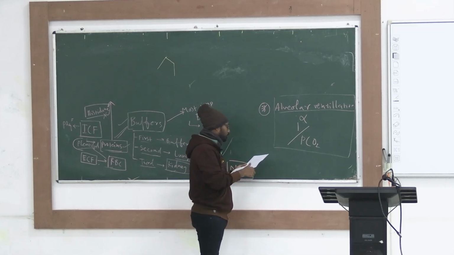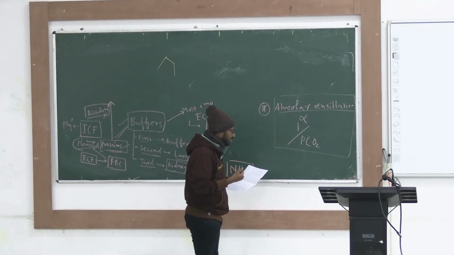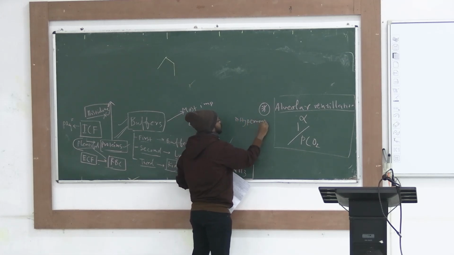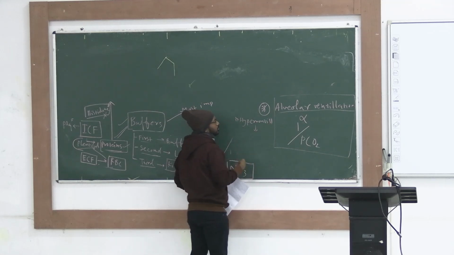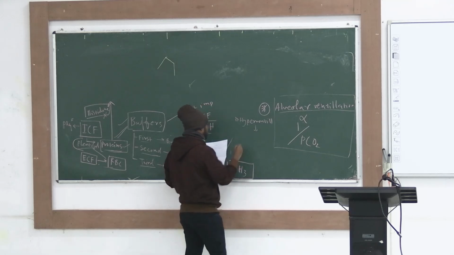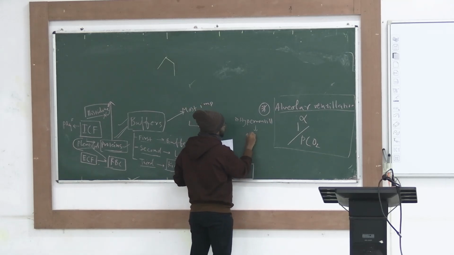How does it happen? Case 1 is hyperventilation. Whenever you are hyperventilating, what will happen? In hyperventilation, you know CO2 washout happens, so the rate of respiration will increase, and also the depth of respiration.